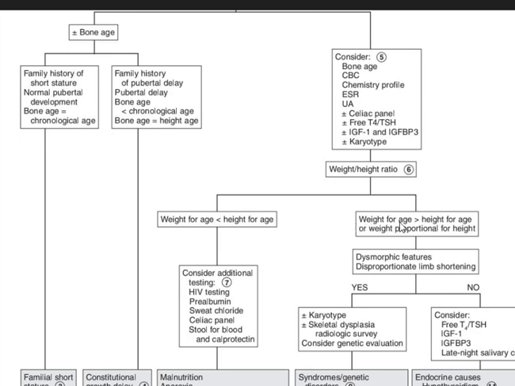If the weight for age is greater than height for age or weight is proportional to height, and dysmorphic features and disproportionate limb shortening are present, then you do karyotyping, skeletal survey for skeletal dysplasia, radiological survey, and consider genetic evaluation. If not, then you check free T4 or TSH, IGF-1, IGF binding protein 3, late night salivary cortisol.